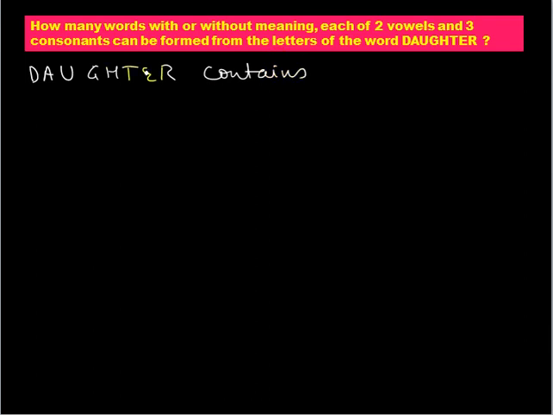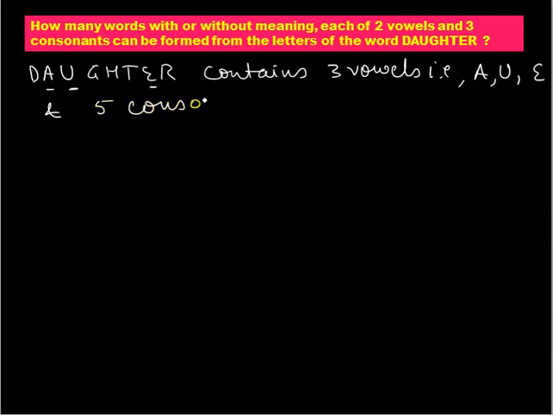It contains 3 vowels: A, U, E. And remaining are consonants, you can see, 5 consonants that are D, G, H, T and R.